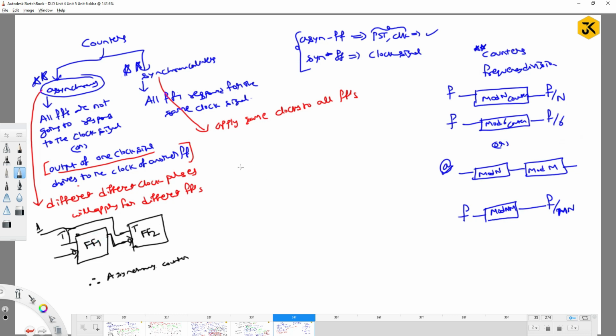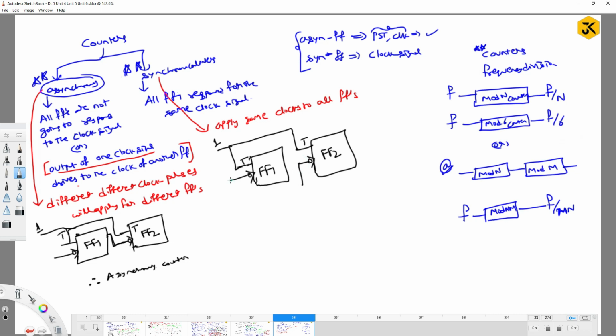Whereas coming to the synchronous counter, it is going to be flip-flop 1 with a T input and one clock signal I have given. Flip-flop 2 is going to get a T input from the external side, and this will be the value 1. Now for this to work, it has to get a clock signal.